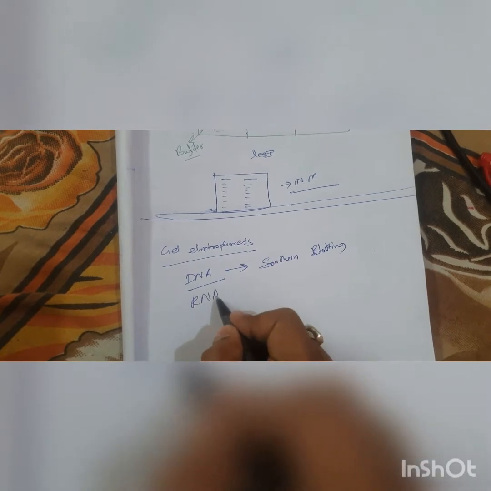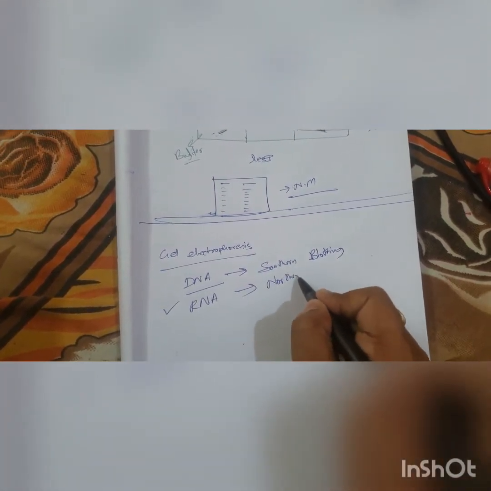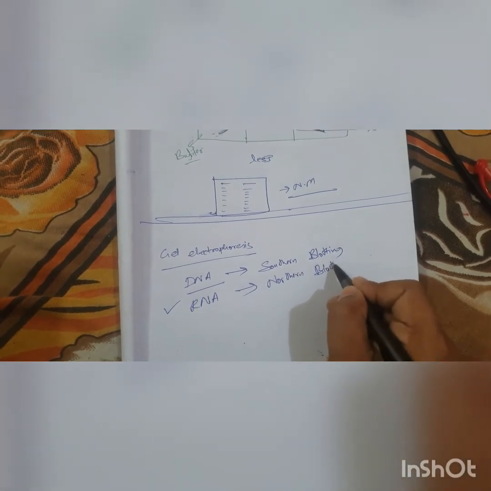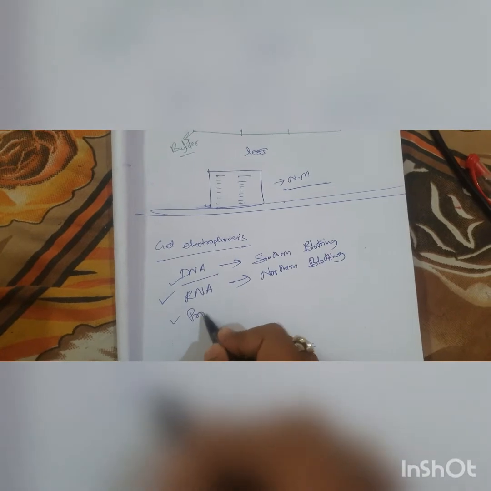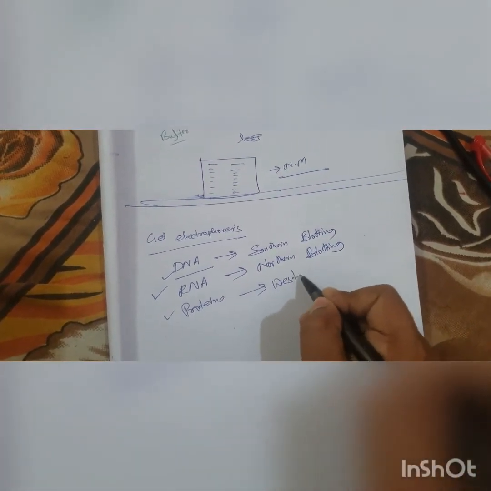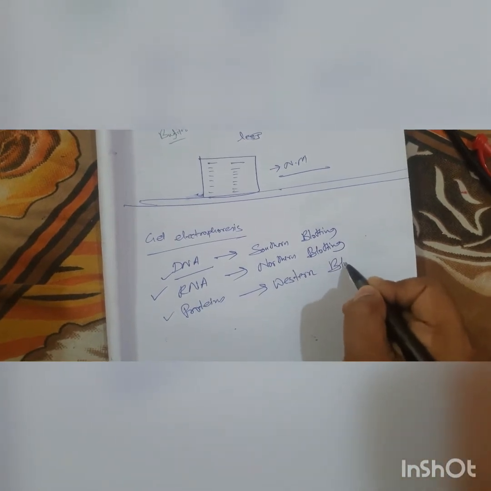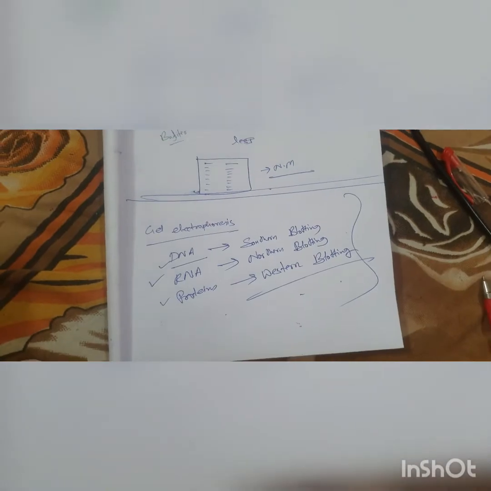If applied for separation of RNA, it is northern blotting. And if applied for separation of proteins, then it is called western blotting. This is info. Remember this.